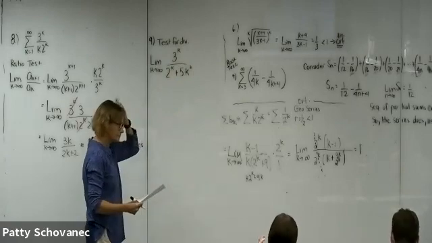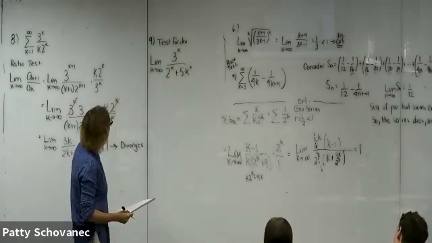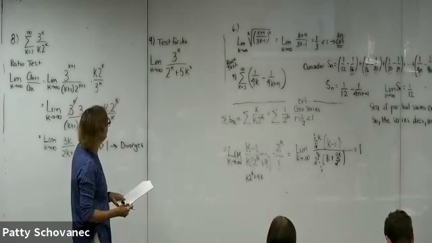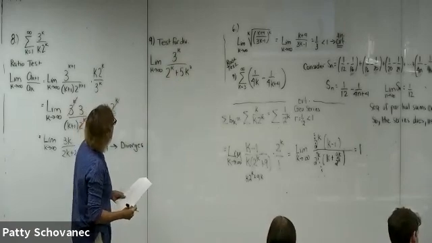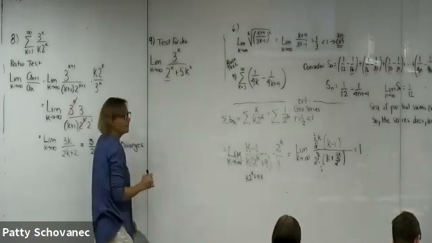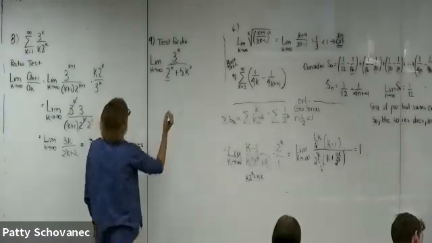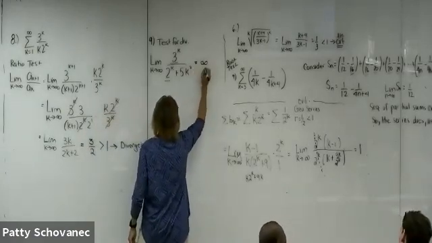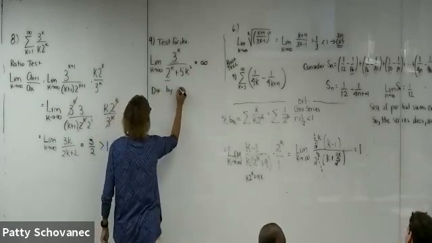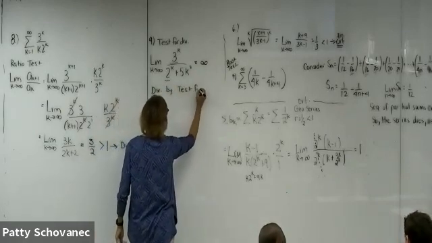Because if I did the limit comparison test, you compared it to 3 to the k over 2 to the k, that'll work as well. But this is the highest power on the bottom, this is the highest power on the top, and it looks top heavy. And so that limit is infinite, and so it diverges by our test for divergence.